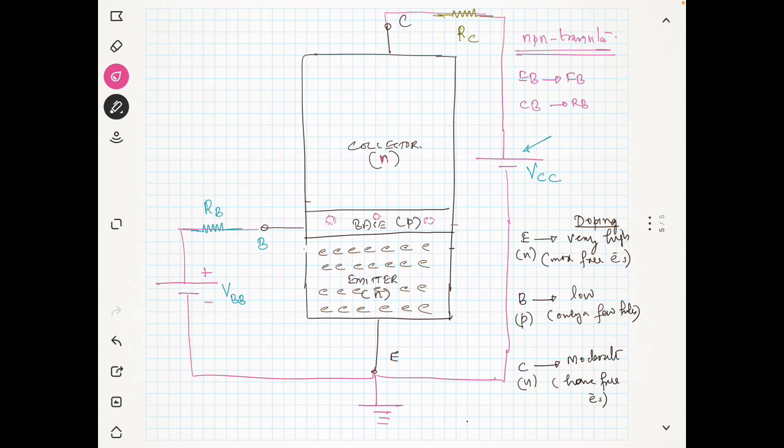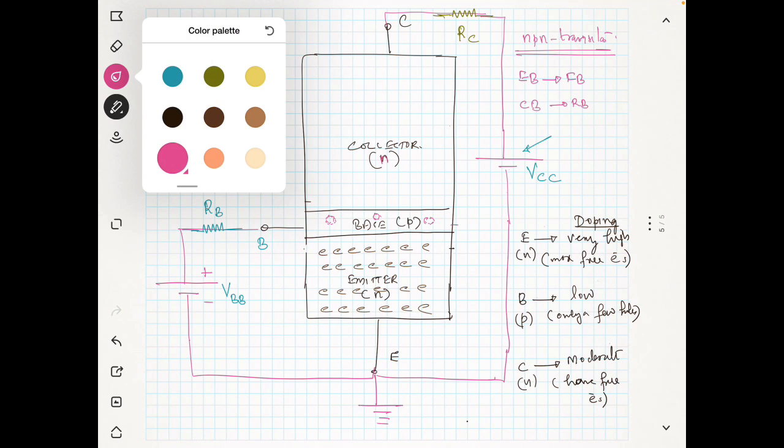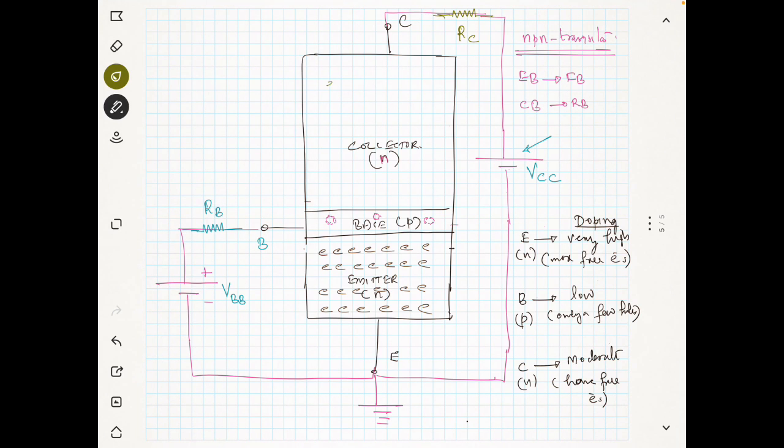Now at the collector also we have a lot of electrons, but it is moderately doped, not like our emitter. The emitter is very heavily doped. One more thing: this is the width of the emitter and this is the width of the base.